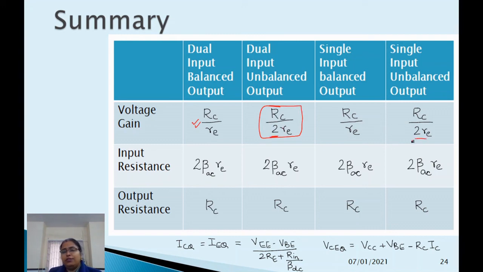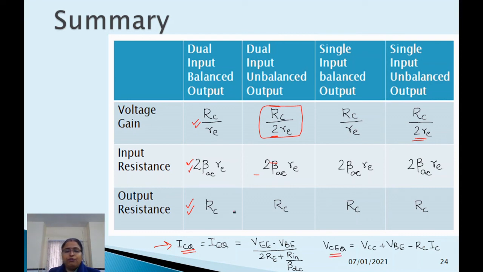So in case of balanced output, the voltage gain is twice as compared to the unbalanced output differential amplifier configuration. The input resistance equation is 2 times beta AC into RE in all the four configurations, and output resistance is equal to RC. And I have also written here the ICQ equation and the VCEQ.